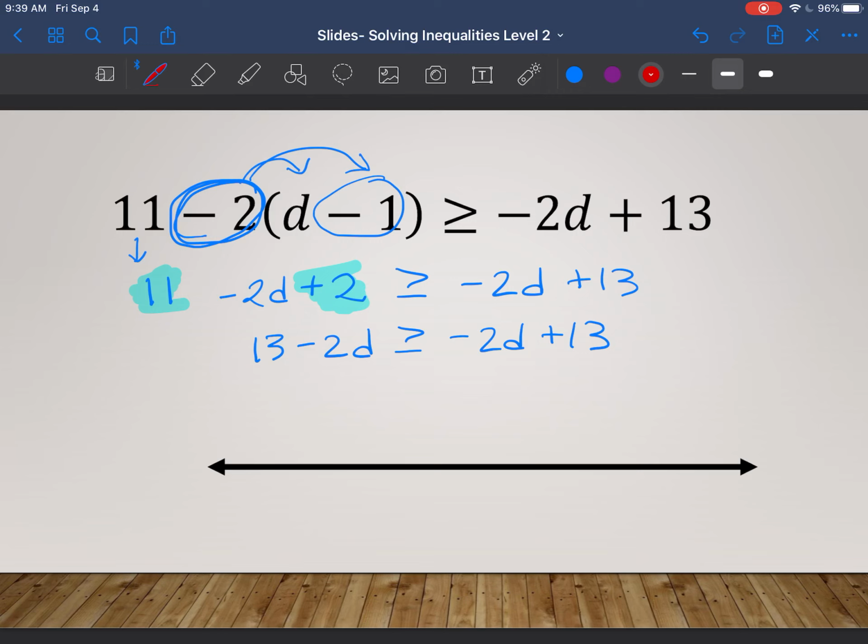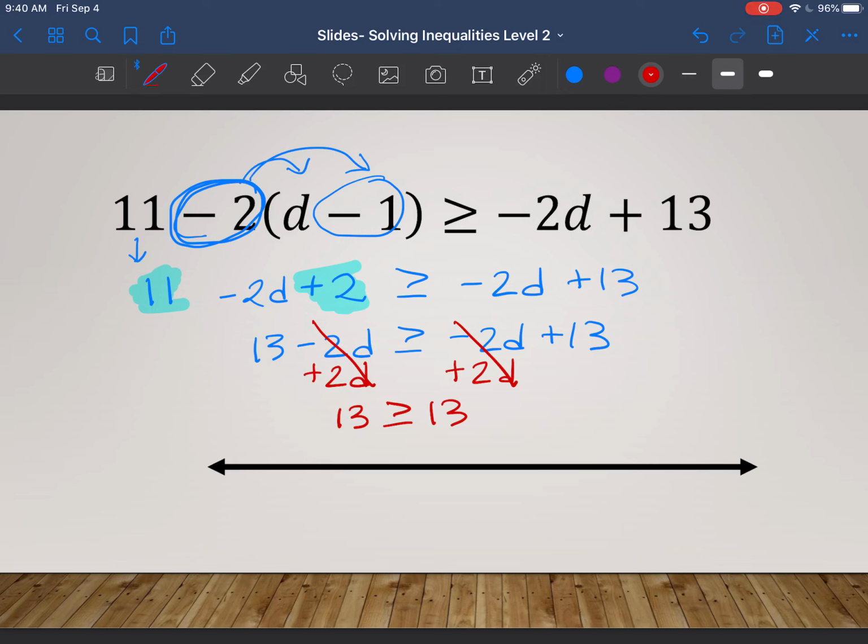And so now that we've cleaned up both sides, we're ready to get the d variable on one side. So I'm going to add 2d, add 2d, and notice the variable gets canceled on both sides, leaving me with a 13 on the left and a 13 on the right.